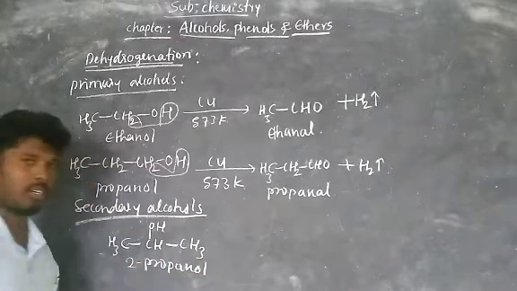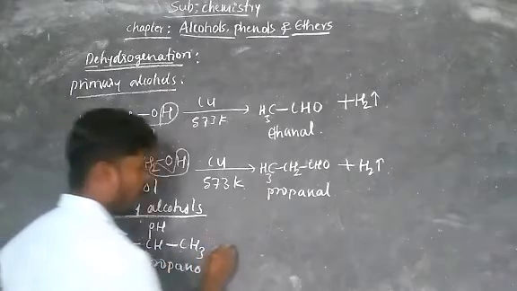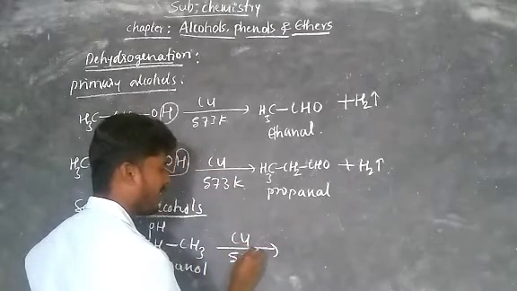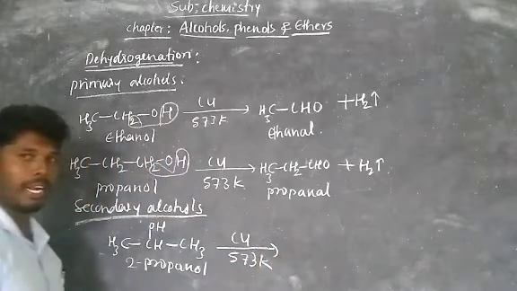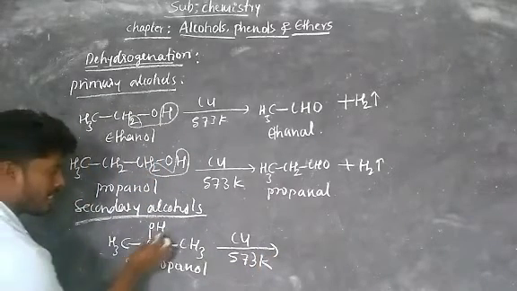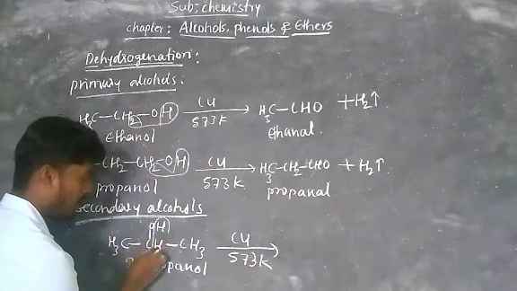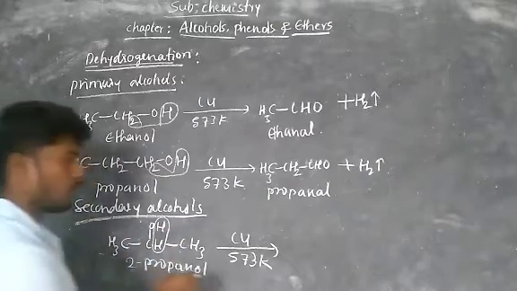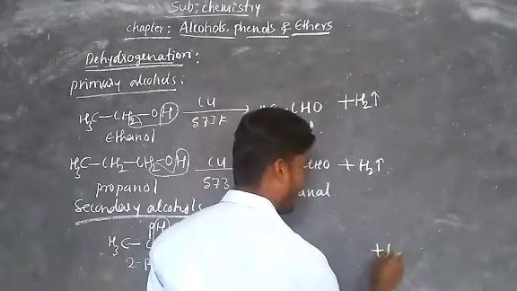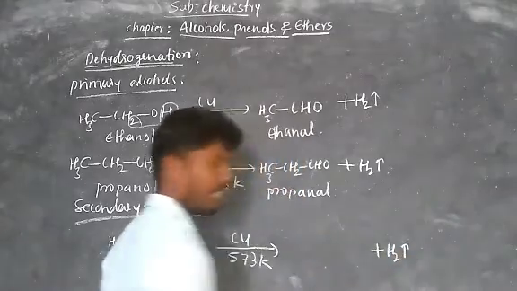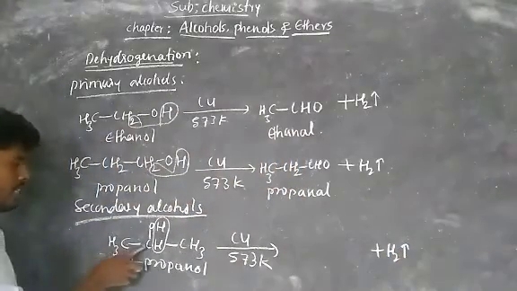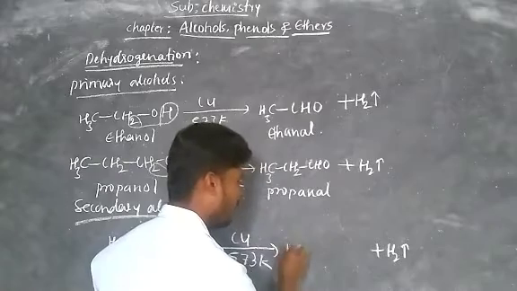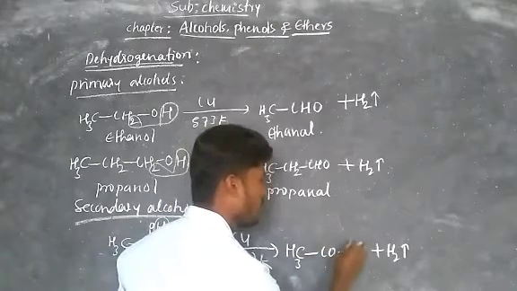That is alcohol. Now this 2-propanol is treated with copper at the same temperature, that is 573 Kelvin. So dehydrogenation takes place, that is this hydrogen and this hydrogen. Two hydrogens are removed. So the hydrogen gas is eliminated. The remaining is CH3 CO CH3, that is CH3 bond CO CH3.